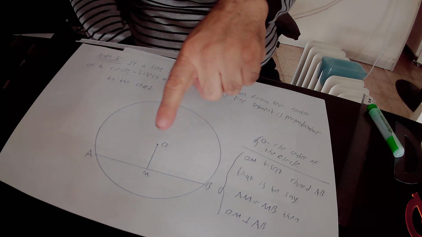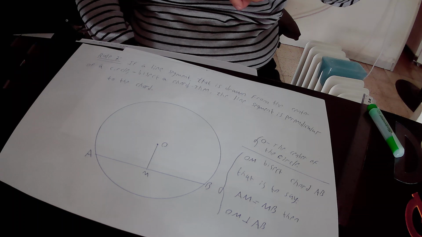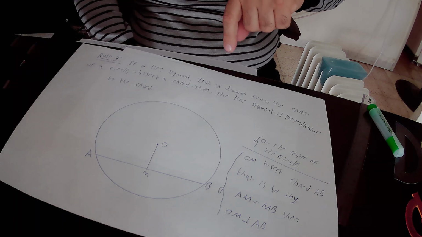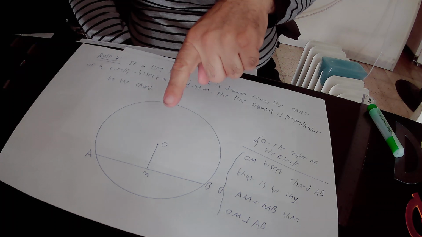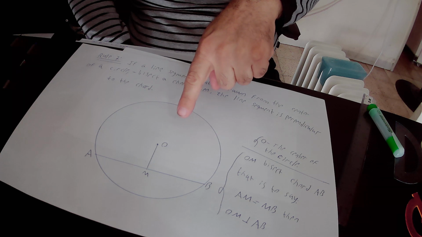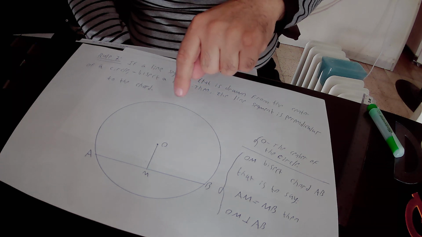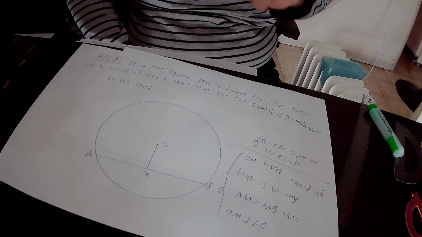Here we have this circle. The center of the circle is O. From the center of the circle, we draw line segment OM that bisects chord AB. That is to say, AM equals MB.